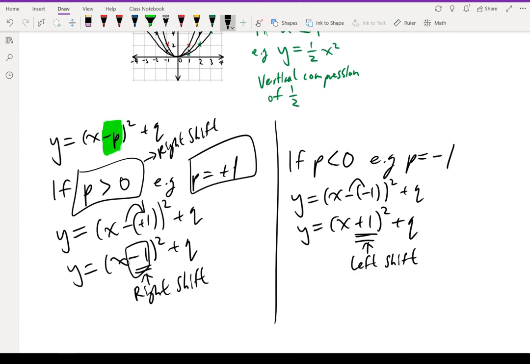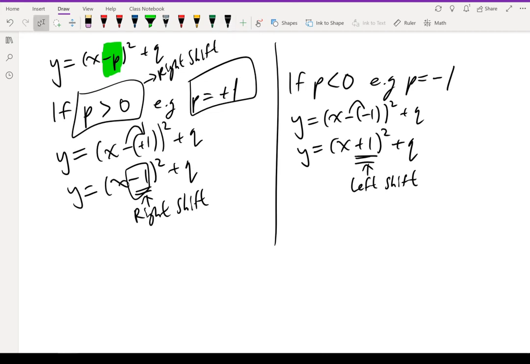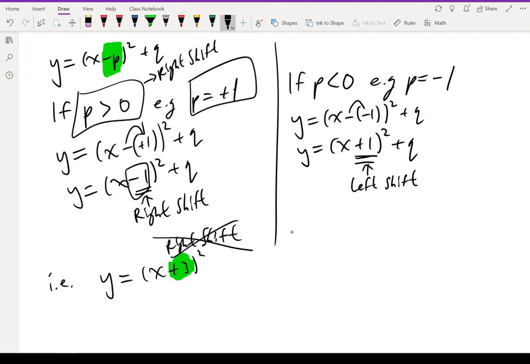They try to make it intuitive to you, but what happens if we have an equation, for example, y is equal to x plus 3 whole squared? What people usually associate with plus 3 is that it's positive, which means a right shift. But that is completely wrong. It is not a right shift.